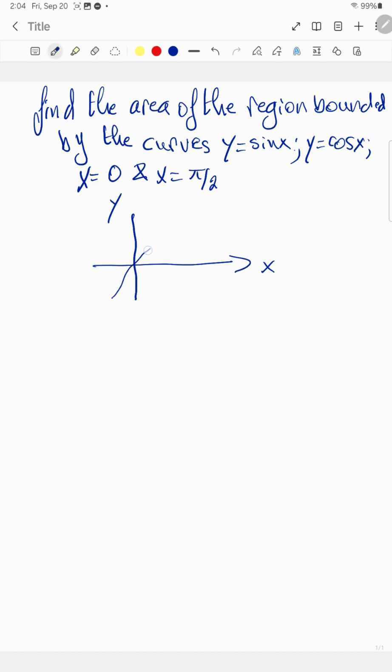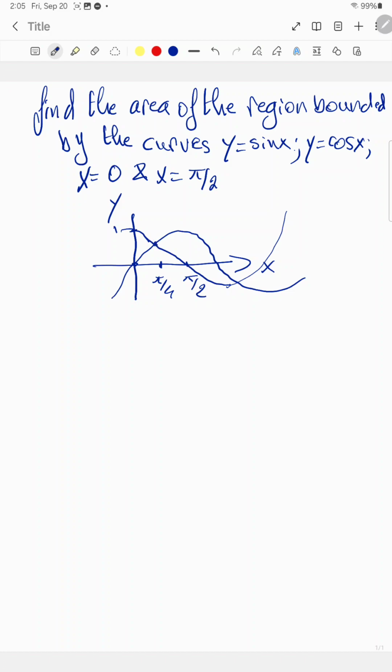The curve of cosine x passes through y equals 1, and the sine passes through y equals 0, and then it goes to pi over 2. Let's say this is pi over 2, and I'll put pi over 4 here.